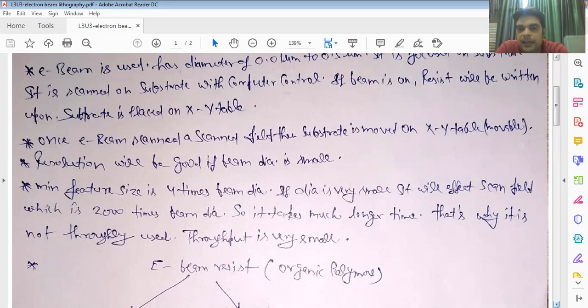So it will take much longer time for the electron beam to scan the whole wafer. That's why the throughput is very poor. So this is the disadvantage of electron beam lithography, and the advantage is obviously higher resolution, smaller feature size.